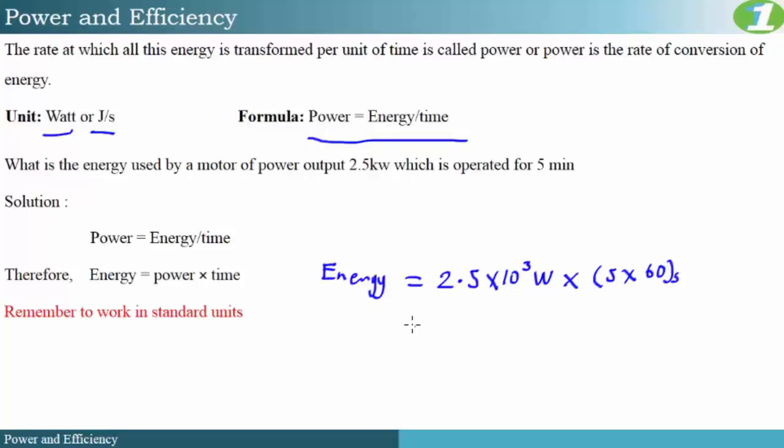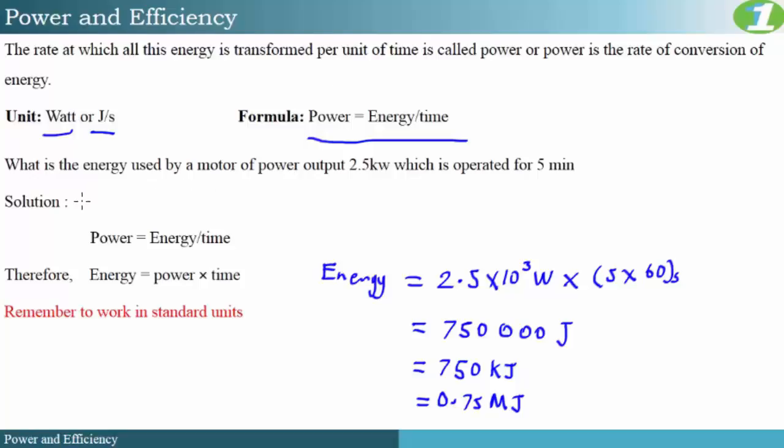This would give us a total energy of 750,000 joules. Or to show that you can manipulate your units, we could also write that as 750 kilojoules, or we could also write that as 0.75 megajoules. So here we see we can use our prefixes to make our answers look more scientific in value.